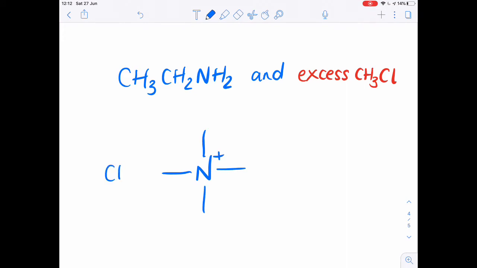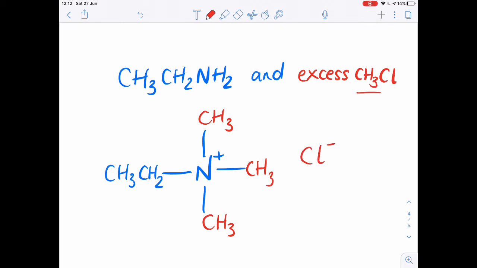Now we can't change the fact that it was ethylamine, so we've still got that ethyl group, but now because it was excess halogenoalkane, we're going to have 4 sticks, and those 4 sticks have to contain the R group of the halogenoalkane. So in this case, it's a methyl group, so we've got 3 lots of methyl groups, and because it was a chloroalkane, the counter ion is going to be a chloride ion.